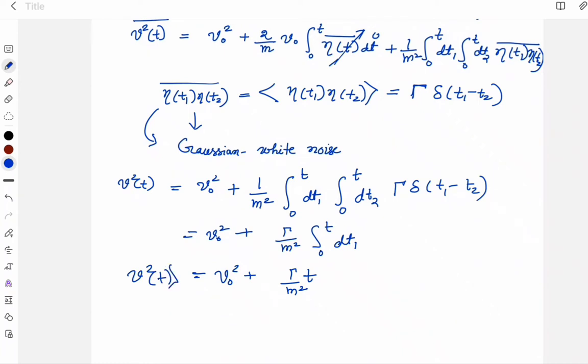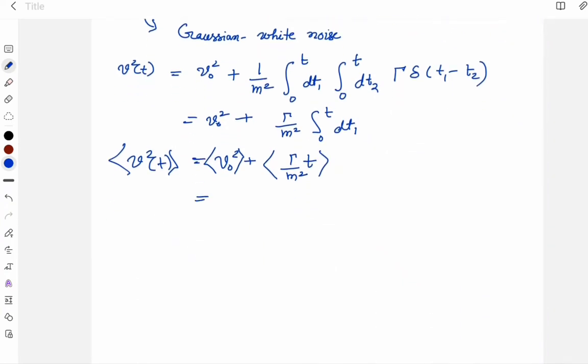If you average over all initial conditions, there is nothing to average, so this will be v0 squared, which is kBT by m in the thermal equilibrium situation, plus gamma t over m, v squared t. But we have seen, since the particle is in thermal equilibrium, the root mean square value does not depend on time, but this is increasing with time.